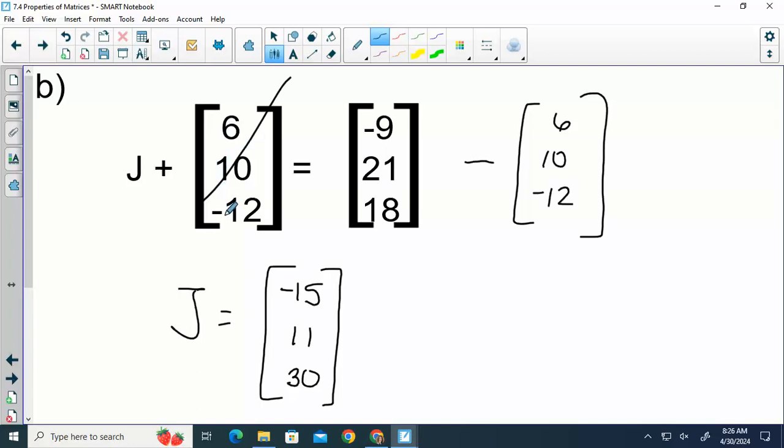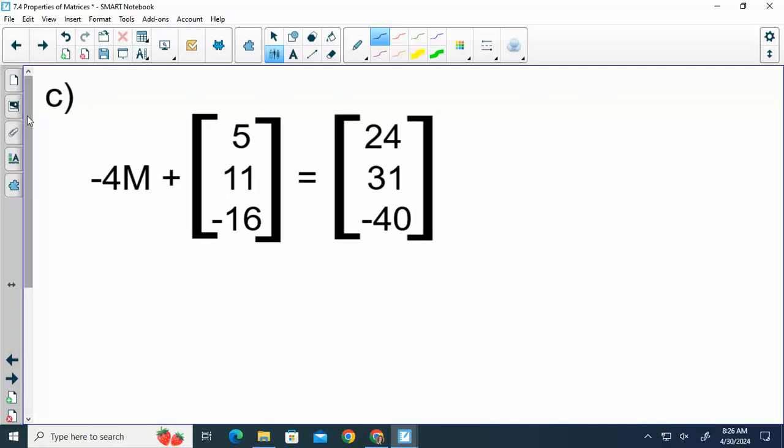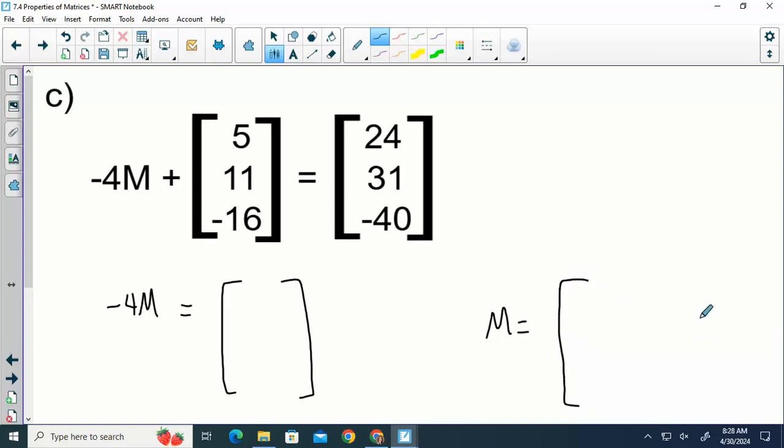Right, I'm going to give you guys one. So the first step is you have to subtract over this whole matrix.